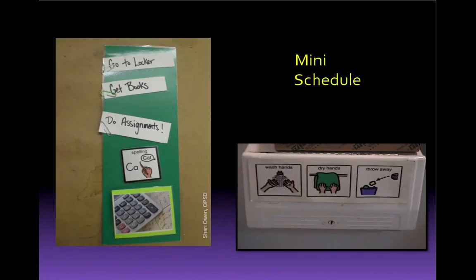Mini schedules are also a successful way to provide knowledge of what expectations are and to sequence out the steps. Depending again on the person's symbolic level, they can be from just using pictures to using words or words and pictures.